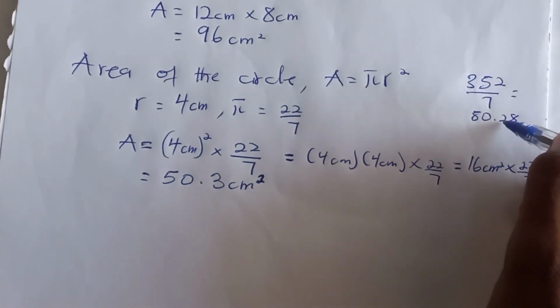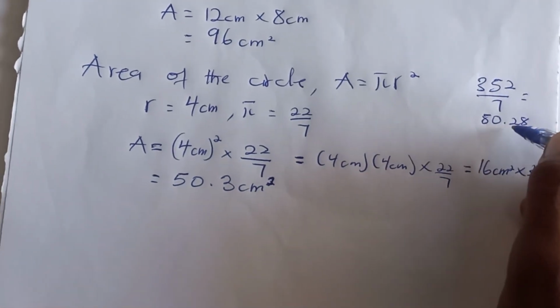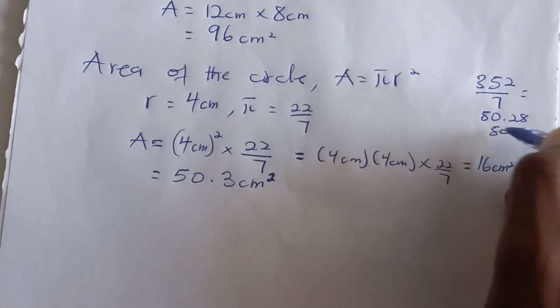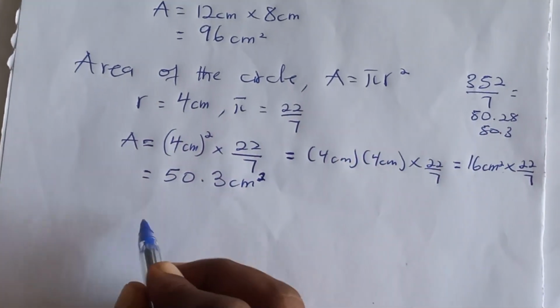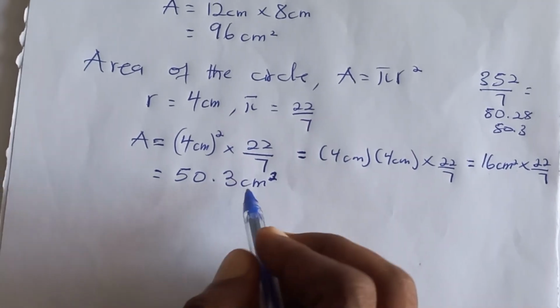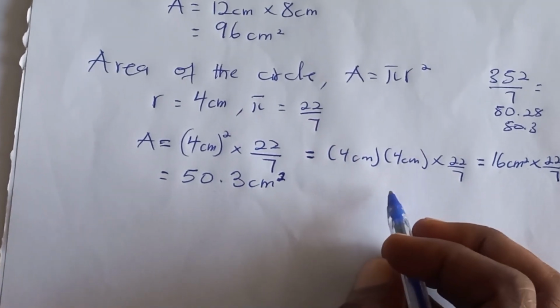So when you round this to 1 decimal place, we are getting 50.3. So that's how we had 50.3 centimeters squared.